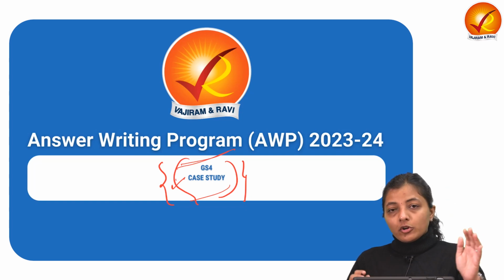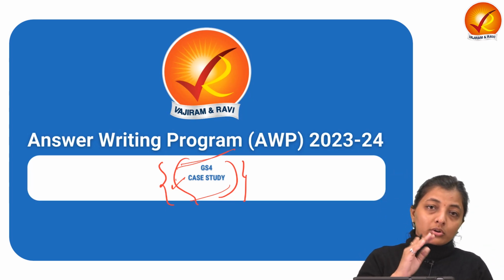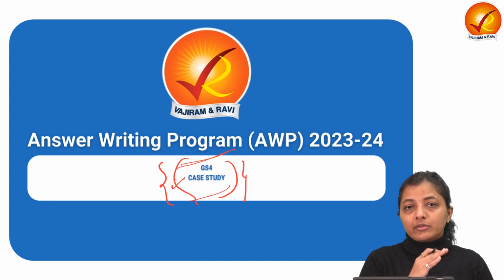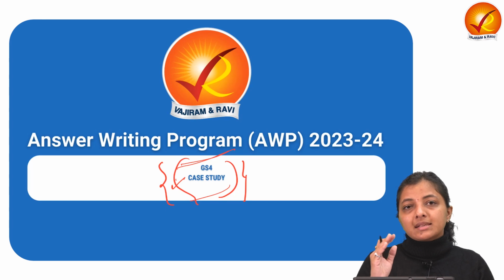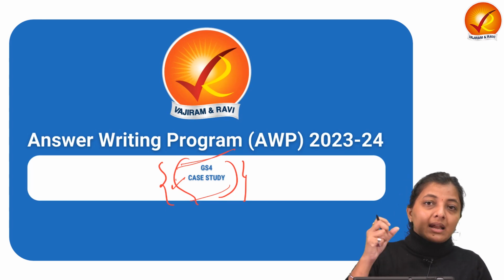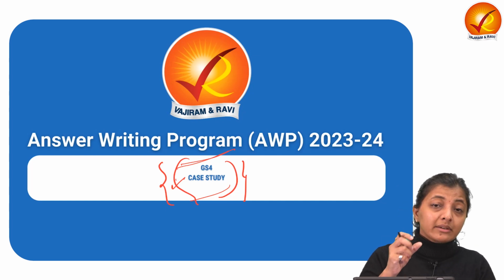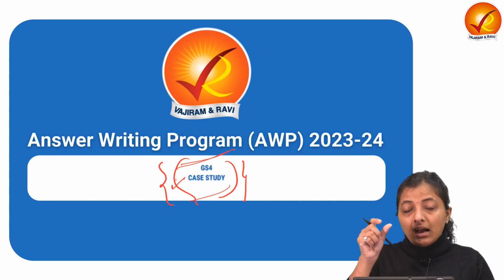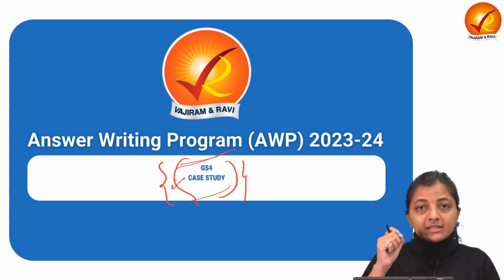So what you need to do with the case study is go through thoroughly all the case studies from 2013 to 2023 from the UPSC CSE PYQs only. Grab the theme, what exactly UPSC asks the question on, and get the vocabulary: different values, principles, codes of ethics, codes of conduct.